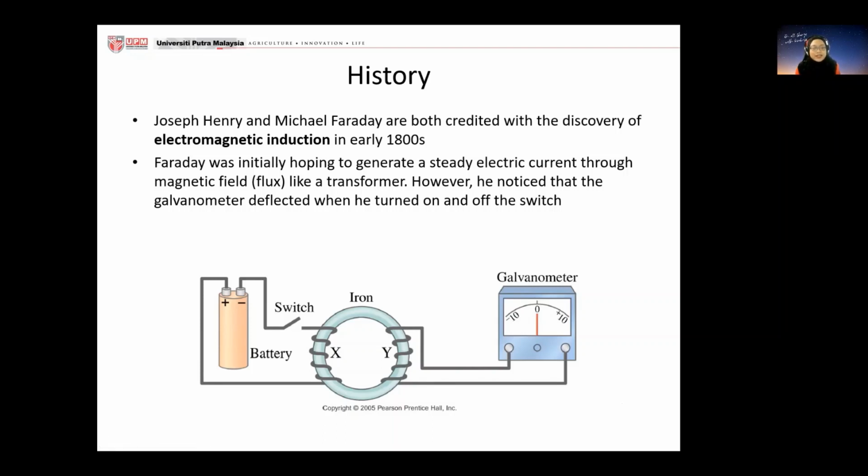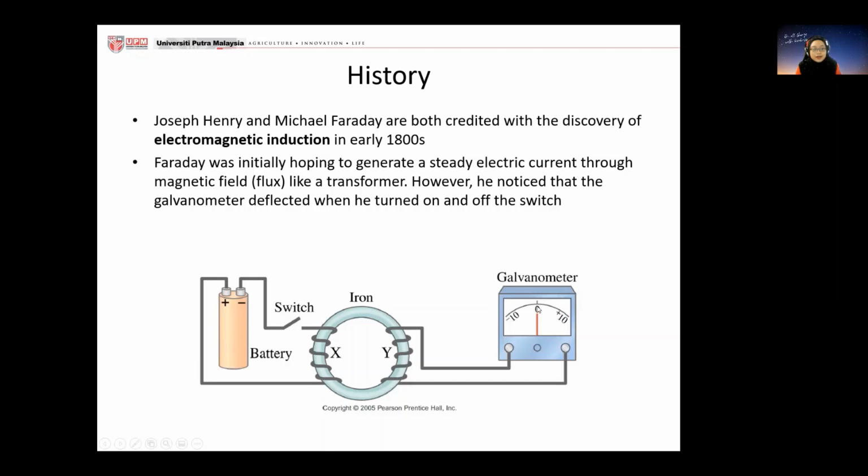Okay. When he did that, what happened was that nothing happened when it's static, okay, but when the switch was moved, for example, switch it on, and this is connected, suddenly he got a reading here, but it's very brief, just 1 second.